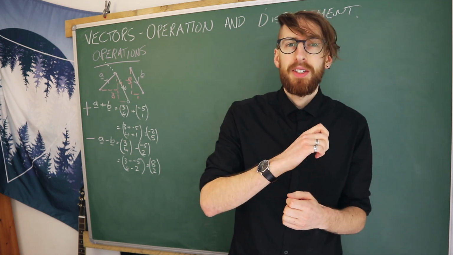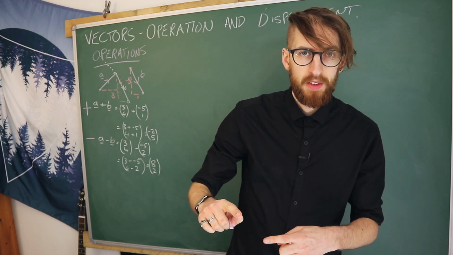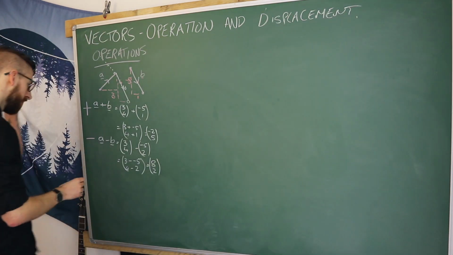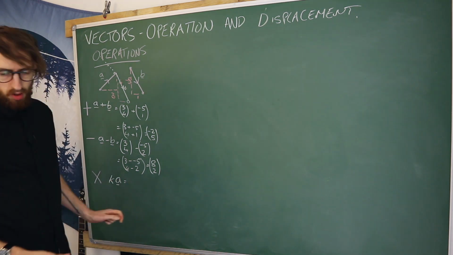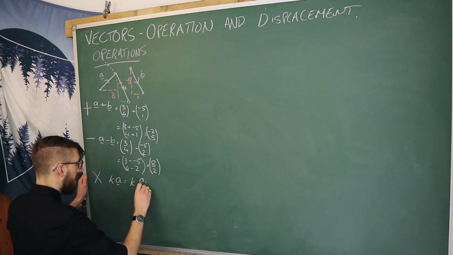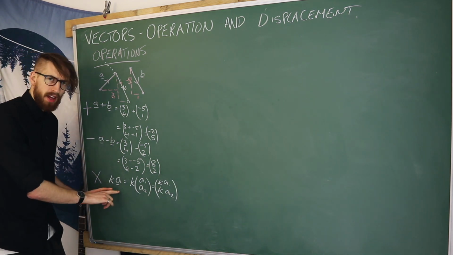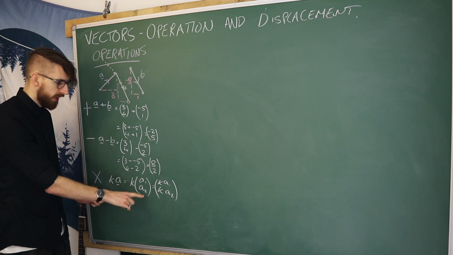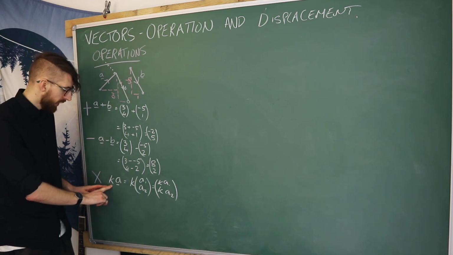But in A level, we're just going to do timesing it by a scalar. So this is what it looks like. I've written A as a generic vector, A1 and A2. We're timesing it by some scalar, which is just a number, k.